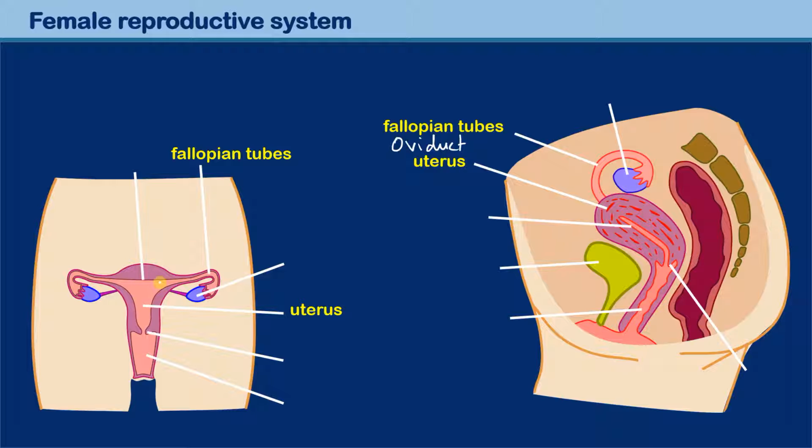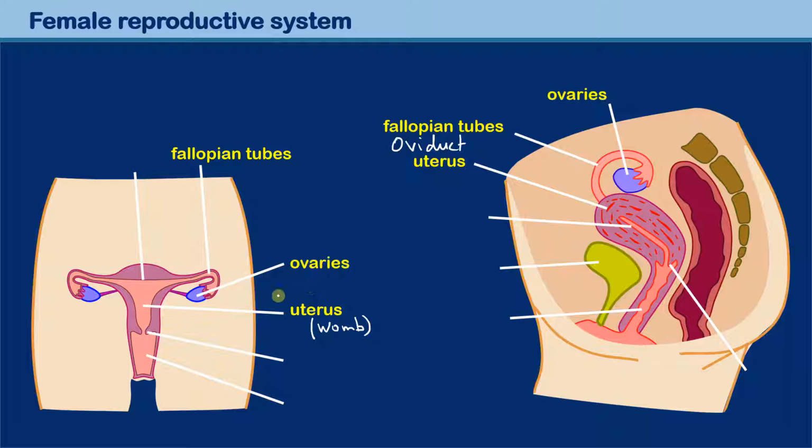The uterus is sometimes also referred to as the womb, but that is not a term that you frequently use when you're referring to the reproductive system in biology. Uterus is the better term to use.